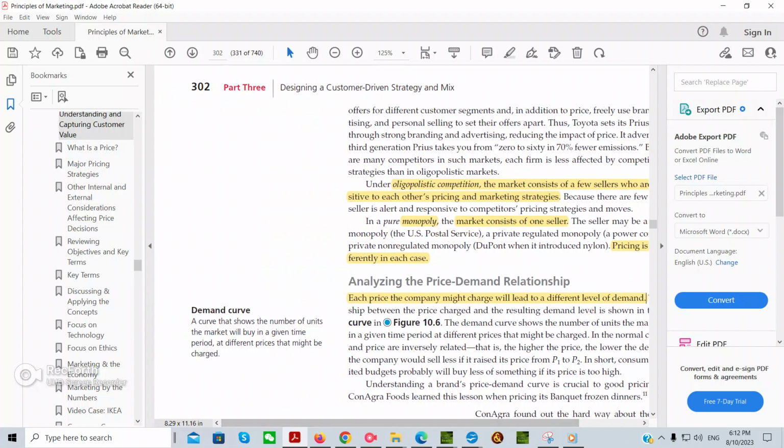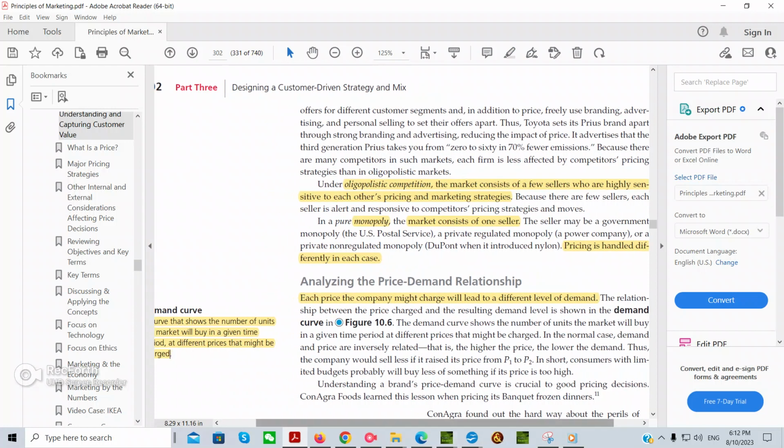The relationship between price charged and resulting demand is shown in the demand curve. The demand curve, as a matter of definition, is a curve that shows the number of units the market will buy in a given time period at different prices that might be charged.